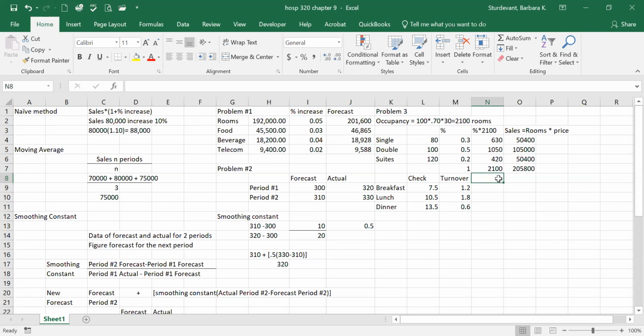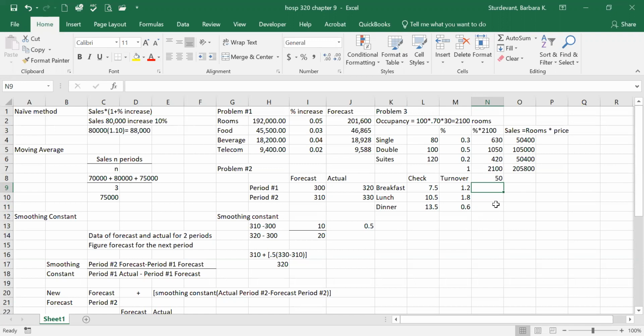So if we have 50 seats, to find the number of meals, what am I going to do? How would I find the number of meals? Number of seats in the restaurant times turnover.